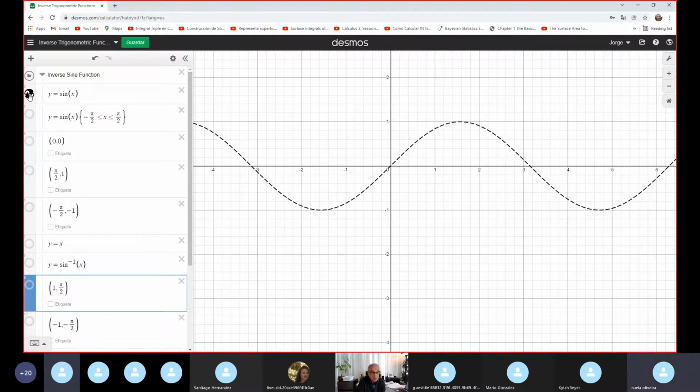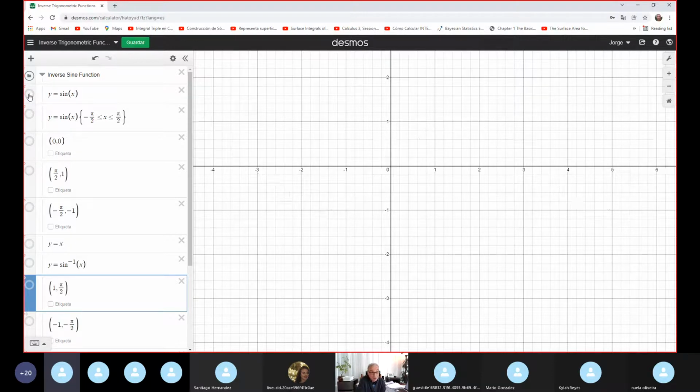Yes, this part is clear, Professor. It's clear. Therefore, this function is not invertible. But I need the inverse. To create that, I create a restriction. I take one piece of the sine. This piece of the sine now is one-to-one.